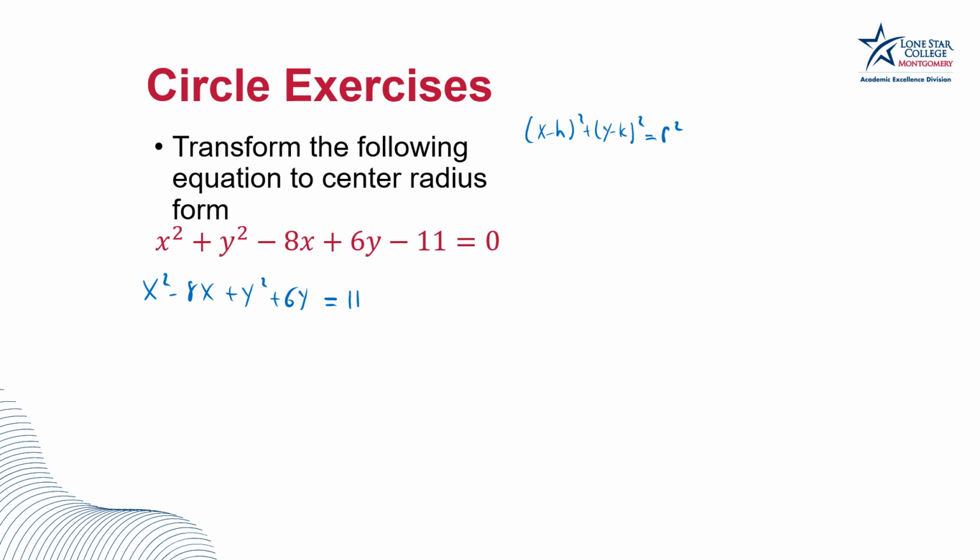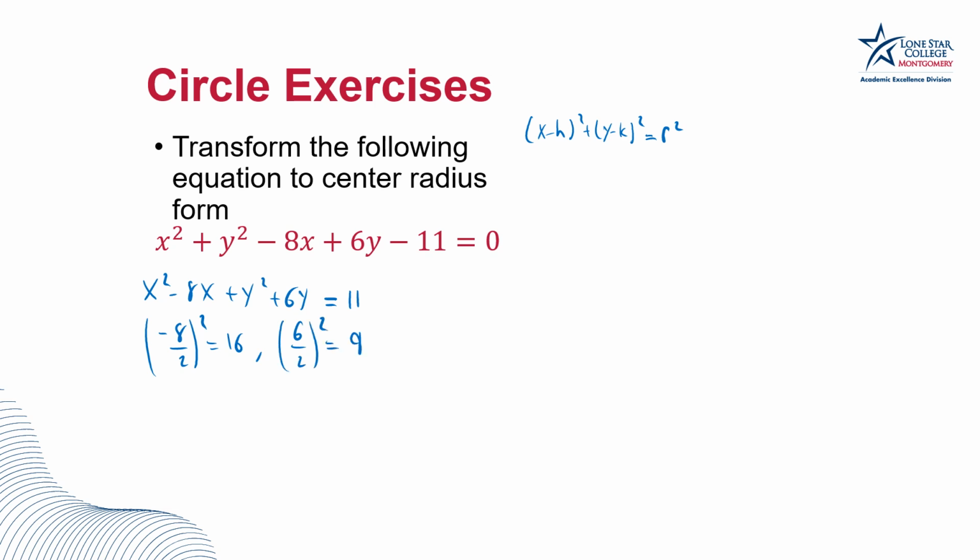Now we want to complete the square for both the x's and y's separately. So for the complete square, take the b value for the x, which is negative 8, divided by 2, and we square it. So negative 8 divided by 2 is negative 4, squared is 16. Same thing for the y's, so 6 divided by 2 squared, and that gives us 9.